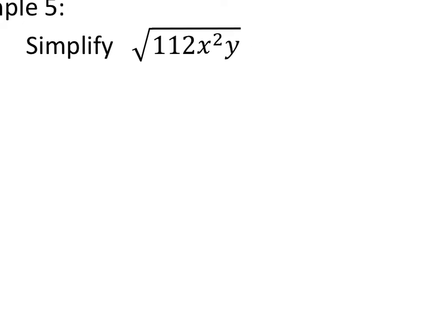Example 5, we have one root and we're trying to simplify numbers and variables. So this gives us 2 and 56, 2 and 28, 2 and 14, 2 and 7.